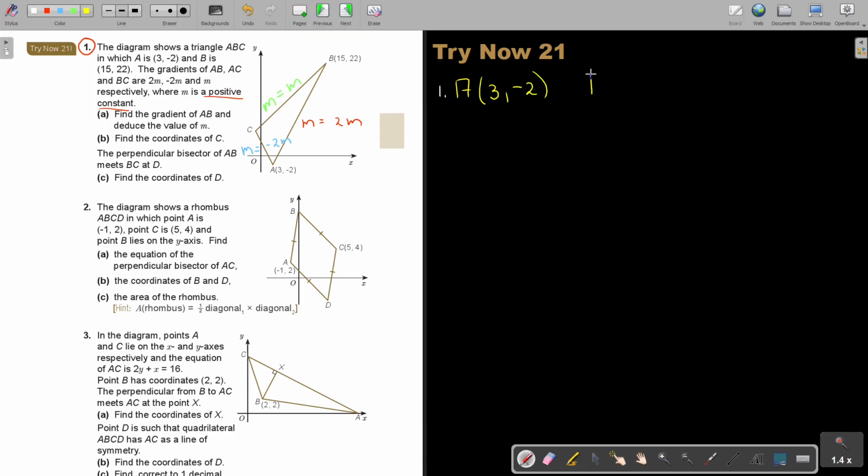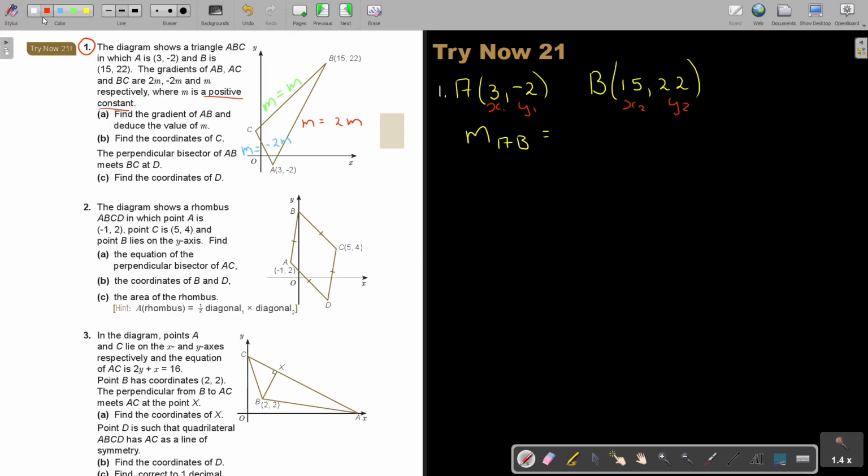And B is (15, 22). If I want to find the gradient, sometimes we write it like this, m of AB. And don't forget that this is x1, y1, x2, y2.